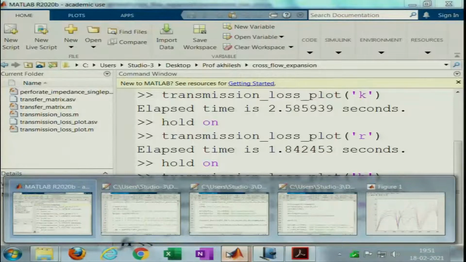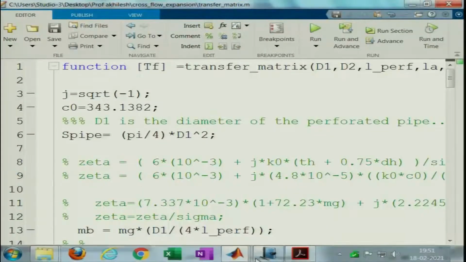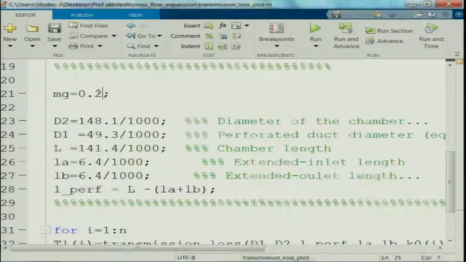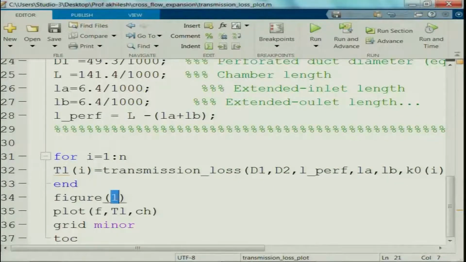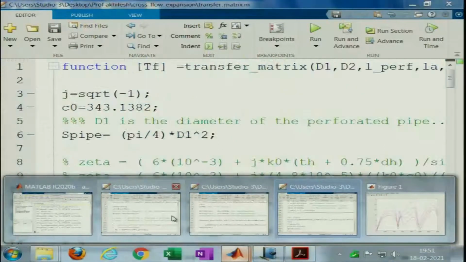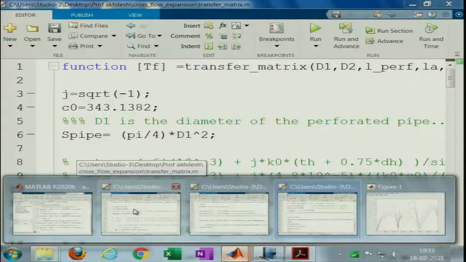Okay, now let us see what perforate impedance expression we change it for a mean flow, what it does really. If we just take 0.2 and let us say you plot it in a different figure and use the expressions that were available, it's 2021 now, it's about 35 years back or so, or maybe more, perhaps 35 years, 40 years back, or whatever it is.